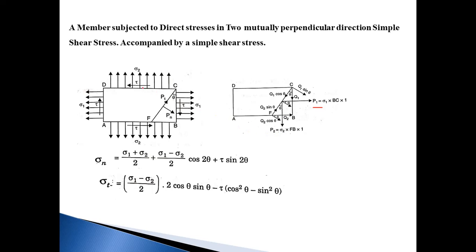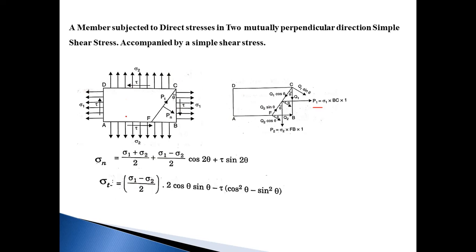Similarly, one external shear stress is applied along this face, so we need its components also. Q1 is tau into BC into 1, with components Q1 sin theta and Q1 cos theta. Similarly, Q2 is tau into FB into 1, with components Q2 cos theta and Q2 sin theta.